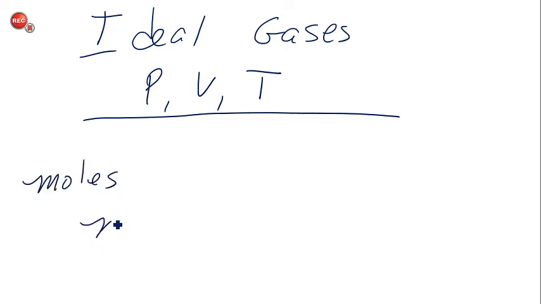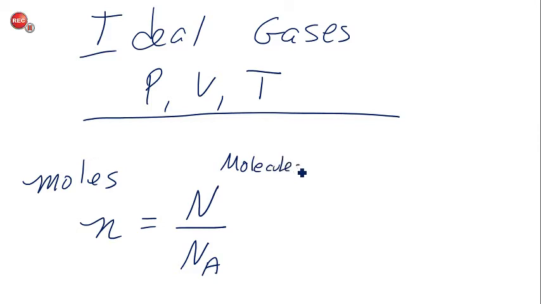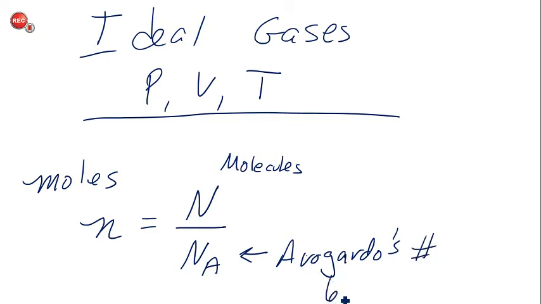So lowercase n here is N over a constant. So this is the number of molecules, and this down here is Avogadro's number, 6.02 times 10 to the 23.